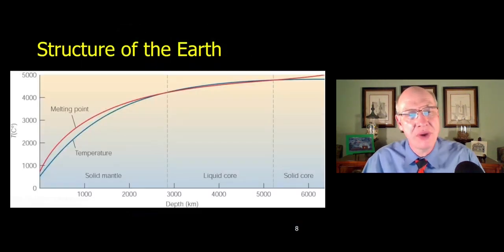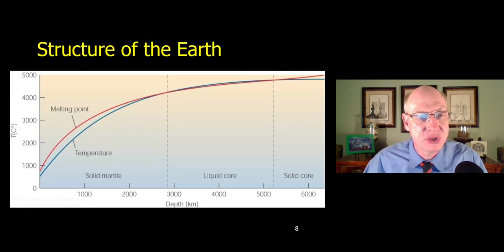But I can certainly point out in this lecture that this is a model that shows us the temperature as we go deeper and deeper inside the Earth. The red line shows us the melting point of the various minerals that make up the Earth at each of those layers.